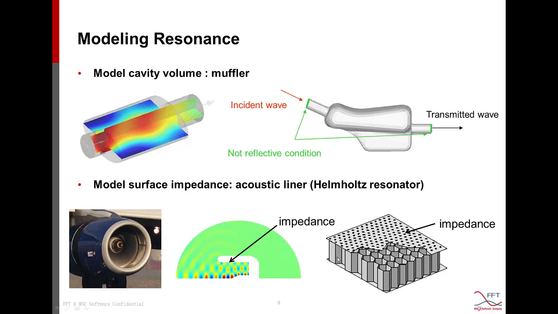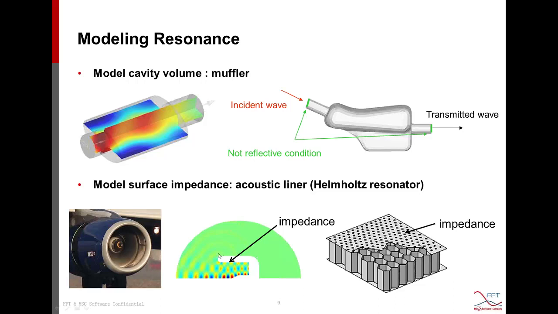And typically in Actran, we will most of the time not model the shape of that honeycomb structure. Instead, there are facilities that allow measuring the surface impedance of the liner, and in an acoustic finite element model.